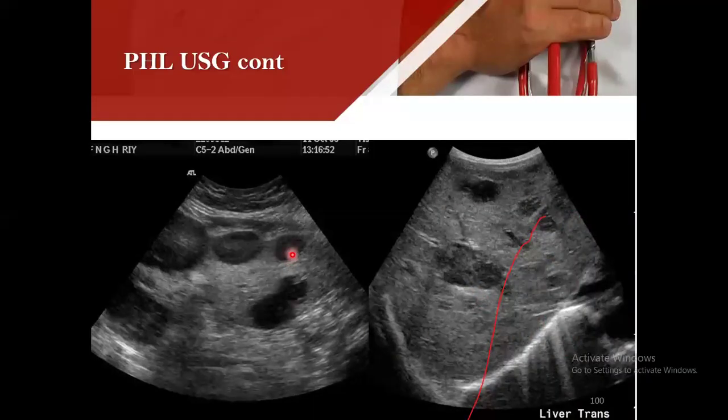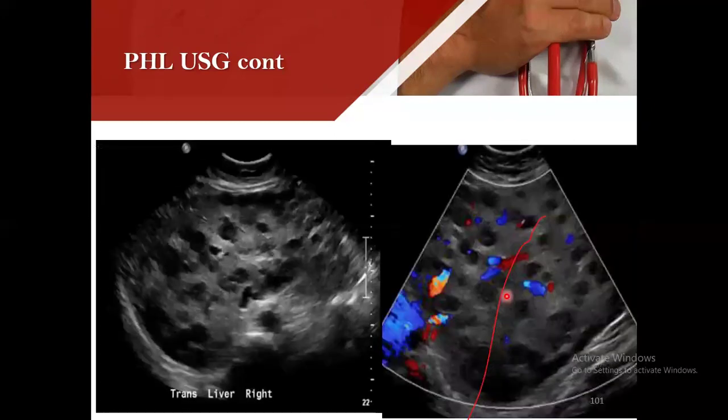So you see lymphomas: that's one lymphoma, one here, one here, one here. This one appears more cystic. This one here, one here, one here, one here. You see there are multiples. On Doppler interrogation, you see a lot of lymphomas are here.